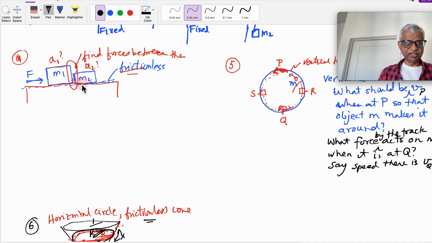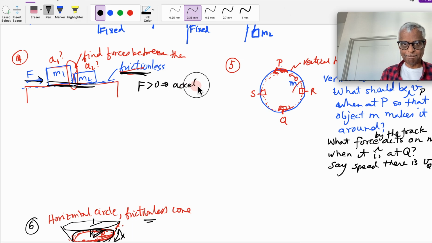So what's the acceleration? First, two of them have, if they're moving, because this is frictionless, there's no friction, static or kinetic, to oppose it. So any amount of force will make it accelerate, right? So F greater than 0, accelerate.